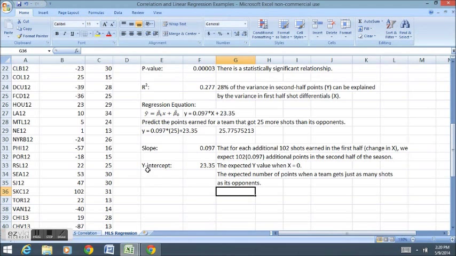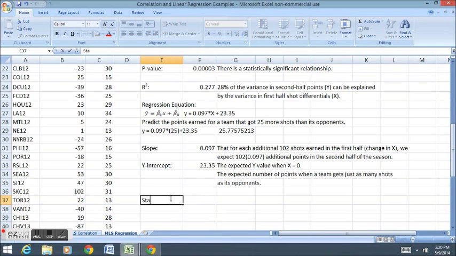So a team that has exactly 0 shots more than its opponents, basically a team that breaks even in terms of shots for and shots against, is likely to get that many points in the second half. That's what a y-intercept means literally: if you set x equal to 0, what is your y value? That applies to linear regression also.